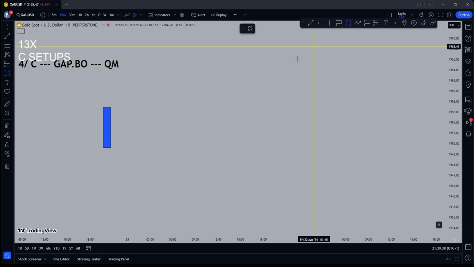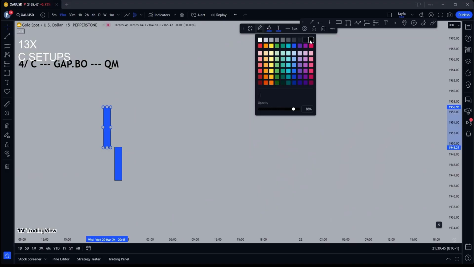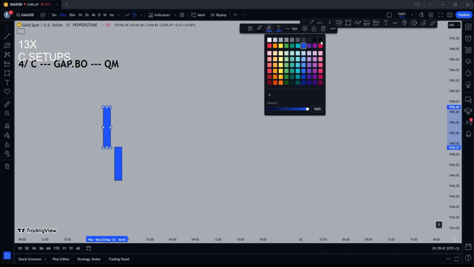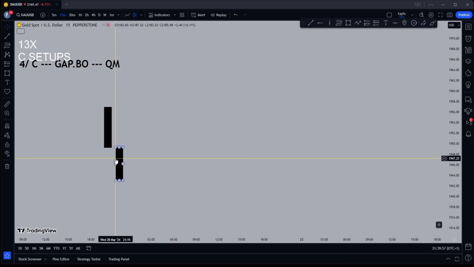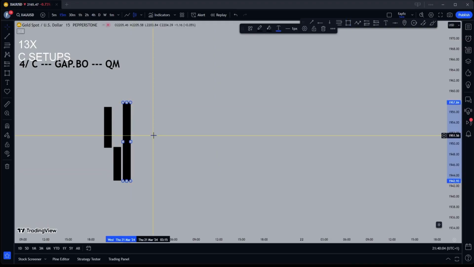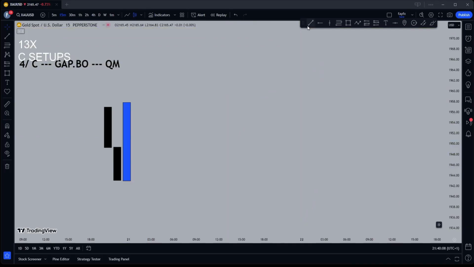Classic. Let's draw the classic level. This is our classic level.